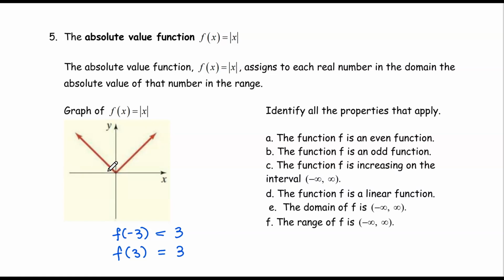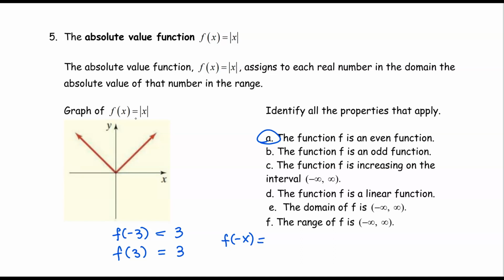Now, is this an even function? It is an even function. One way of looking at it is by trying to fold the graph along the y-axis and see if the two curves will coincide. Or change the x in your f of x, or try to evaluate f of negative x.